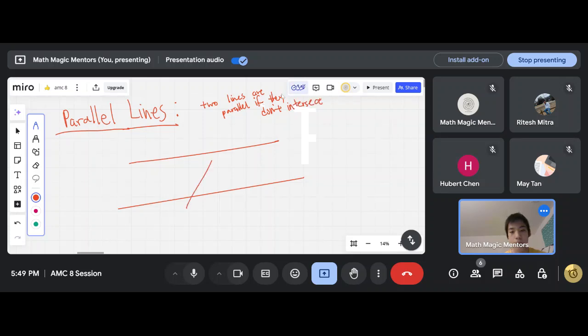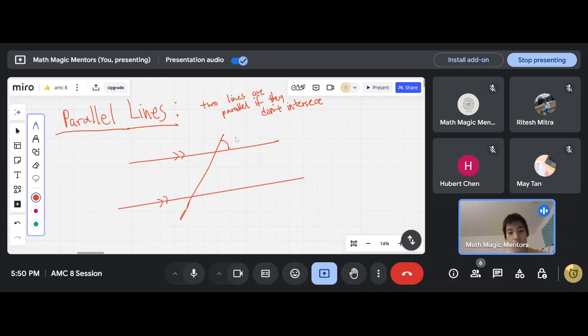If you consider this configuration, let's say the top line is parallel to the bottom line, and we usually denote parallel lines using one or two arrows. I kind of forgot, but let's say two arrows. Arrows indicate that they're going in the same direction. Since they're going the same direction, they would never meet, and since they never meet, they are parallel.